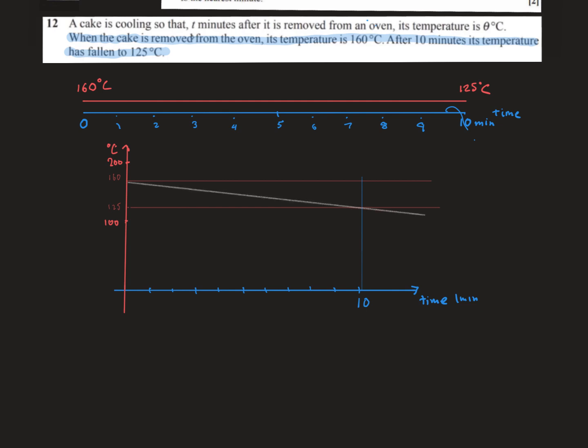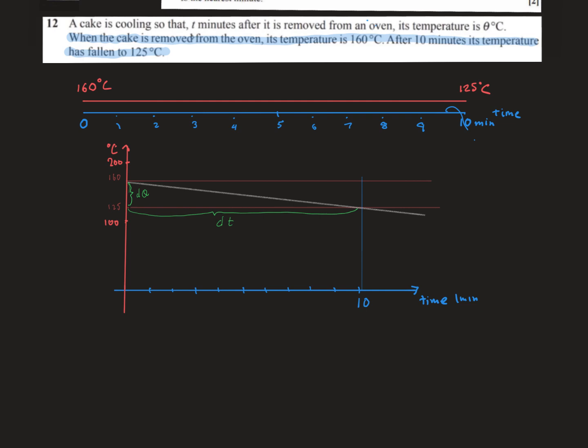Now the difference between the first model that I showed you and the second one is that we can see that there is a gradient, which is showing that there is a decrease in temperature, so that the difference d theta, the little change in the temperature over the change in the time, this gives me a gradient.